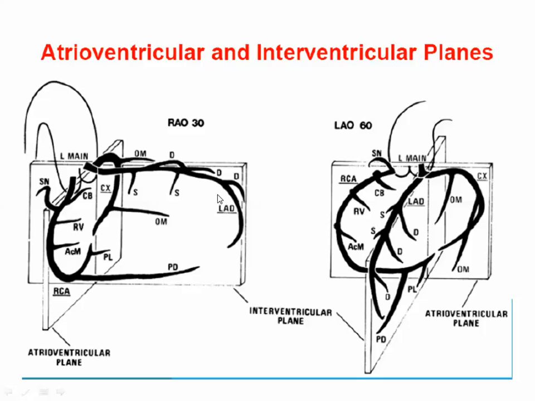So the anterior wall will be the LAD, inferior will be the PDA, and the perpendicular atrioventricular plane will be the LCX, and this is the RCA anterior. If the LCX gives the PDA it will be left dominant, but in 85% it comes from the RCA, so it is right dominant.